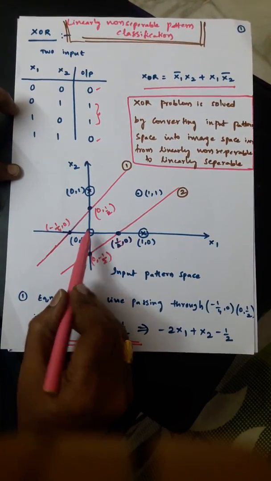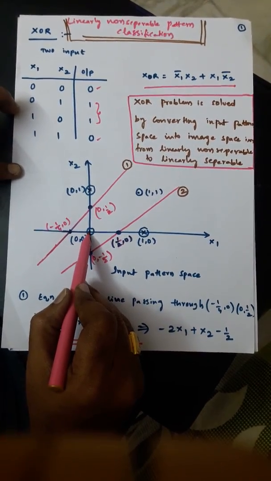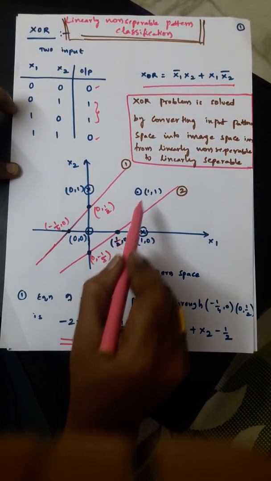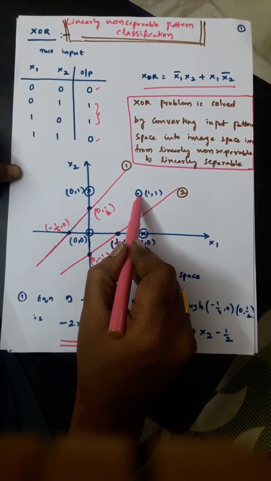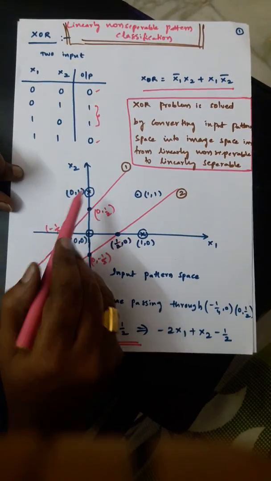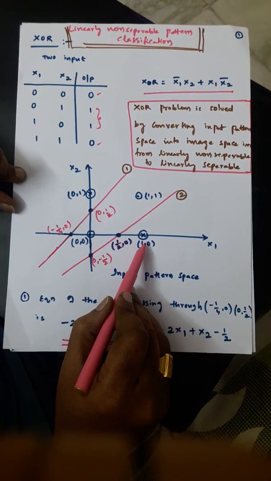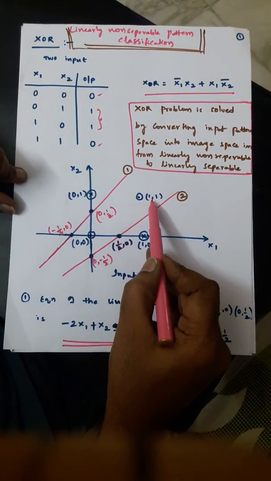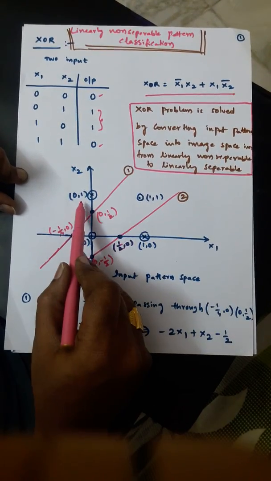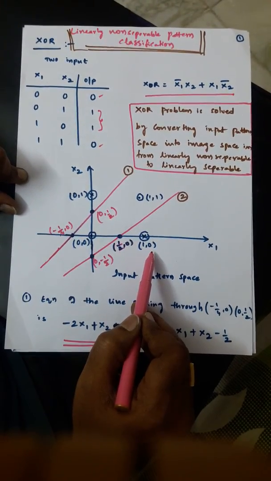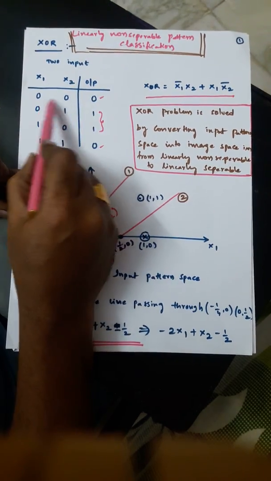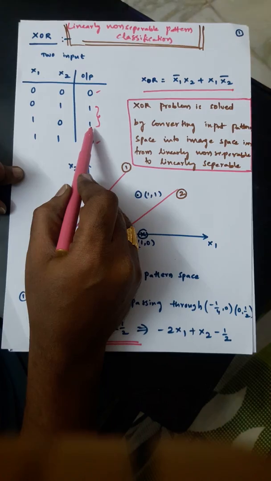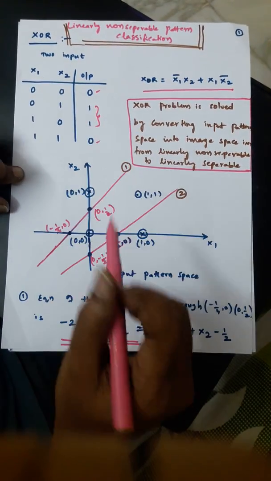See here, I indicated the input patterns as dots. 0 0 and 1 1 are indicated by dots, and 0 1 and 1 0 are indicated by crosses, indicating that 0 0 and 1 1 belong to one class and 0 1 and 1 0 belong to another class. Obviously you can understand why, because 0 0 and 1 1 result in an output 0, and 0 1 and 1 0 result in an output equal to 1.